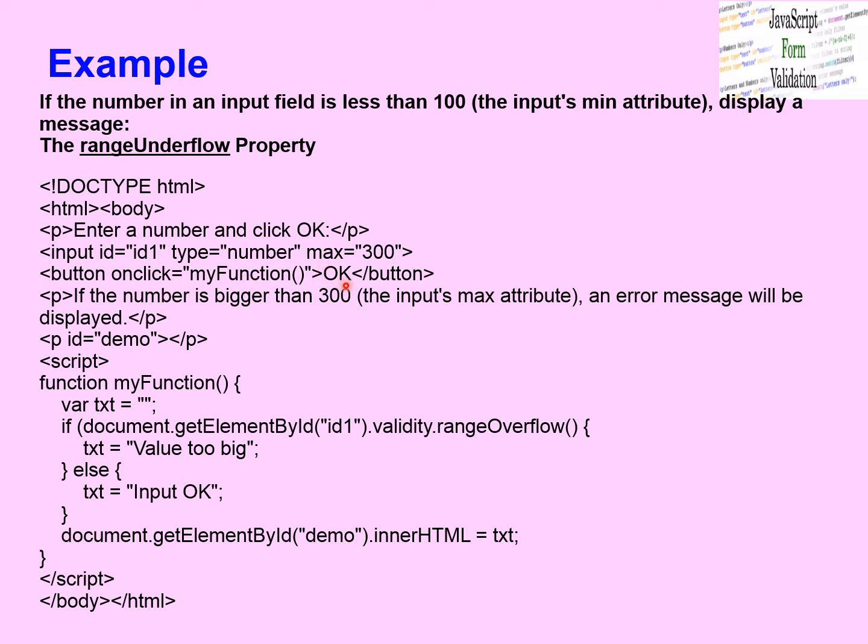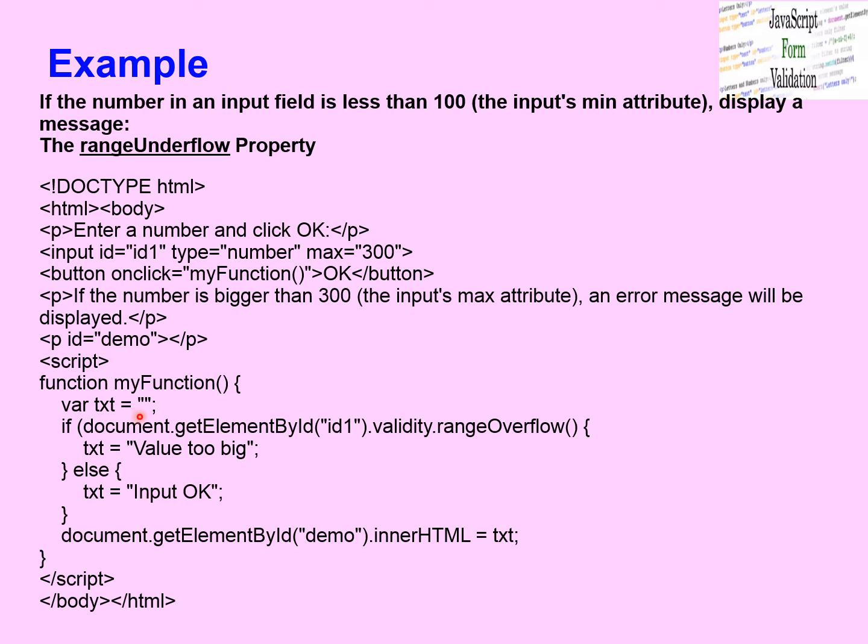Whenever that button is clicked, my function will be called. Then under that button, we have a statement: if the number is greater than 300, an error message will be displayed. So whenever the user inputs a value in the corresponding field and clicks the OK button, the function my function will work.